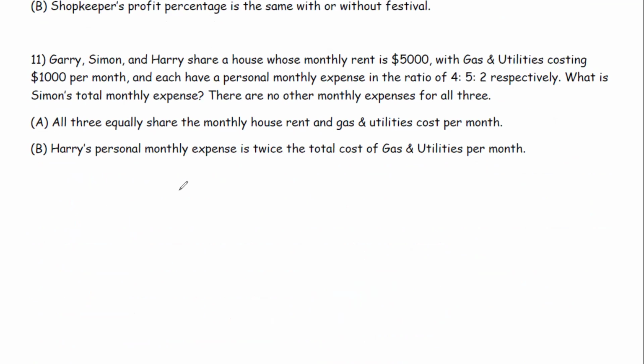So we have Gary, Sam, and Harry sharing a house whose monthly rent is $5,000 and utilities costing $1,000 per month. Each has a personal monthly expense in the ratio of 4:5:2. This is the personal expense.